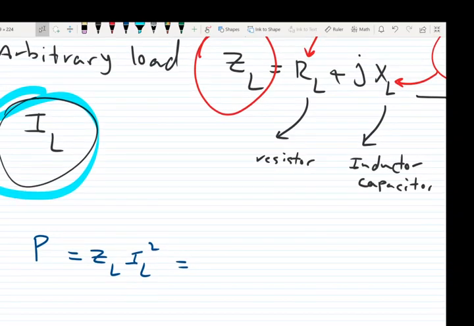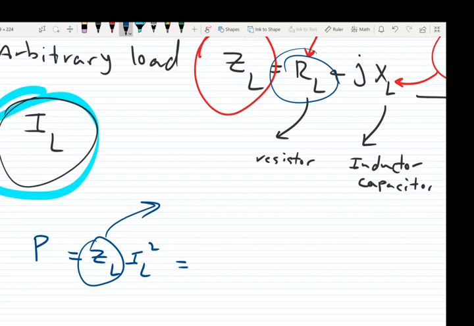But here, as I mentioned, we know that the ZL has two components, real part and imaginary part. The imaginary part, the reactance, has an average power of 0. So instead of this equation, we can just write it in this form.